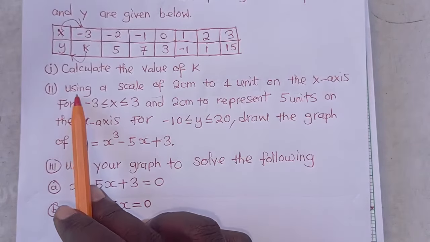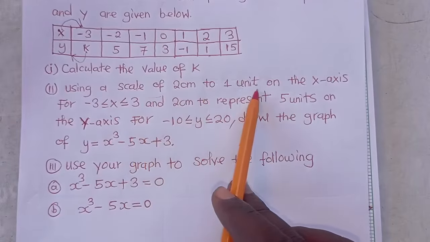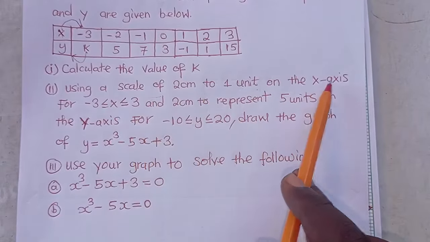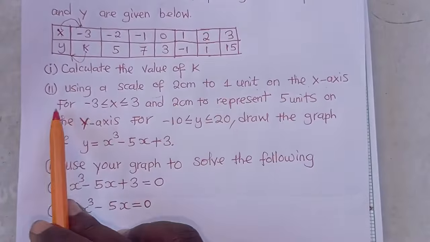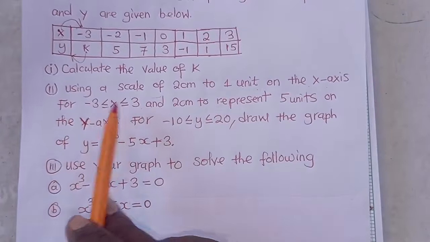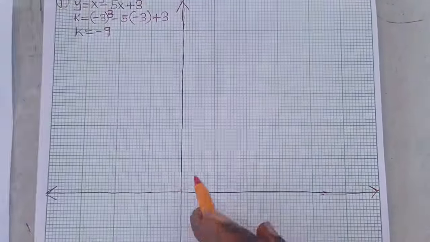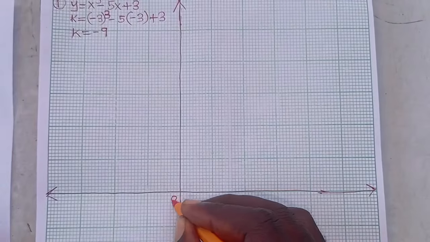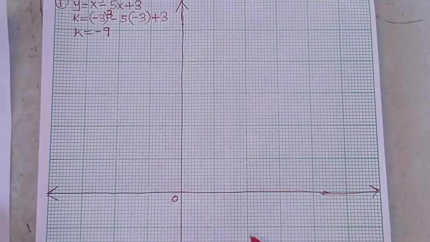They're telling us to say, using a scale of 2 centimeters to 1 unit on the x-axis. So 2 centimeters represent 1 unit on the x-axis, for -3 to 3. So from -3 to 3. So okay, since we've done this, then you put a 0 here. They're telling us to say that 1 unit is 2 centimeters.